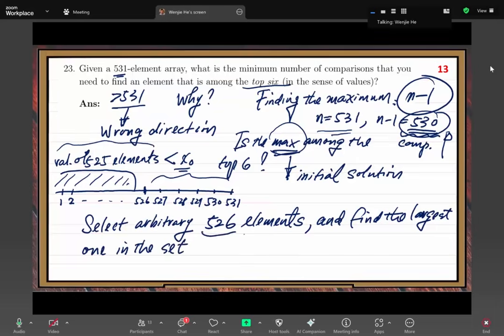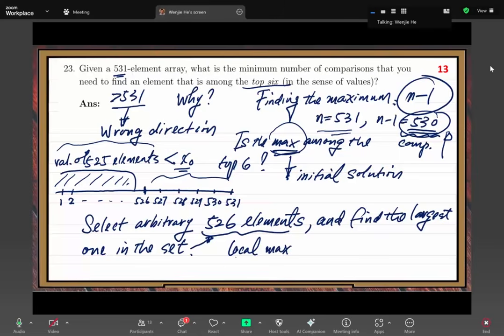After you find the largest one in this set, that is the local max, not the global max.